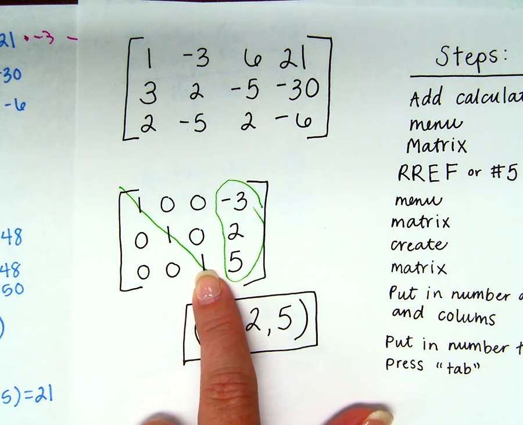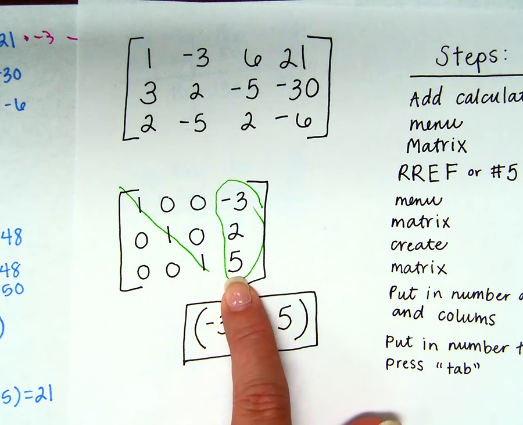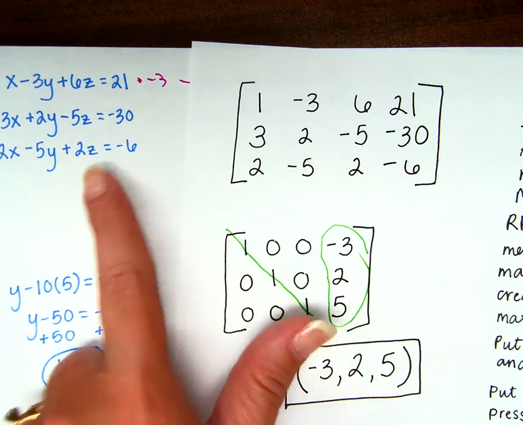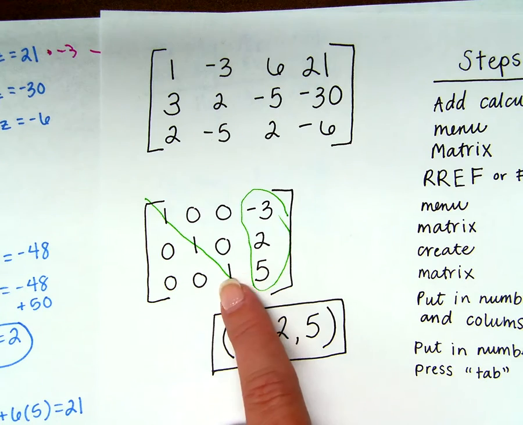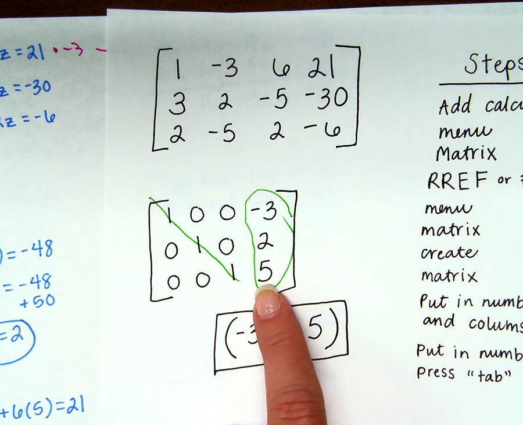Can you see how that would be a problem? What if it said 0, 0, 0, 5? Converting that back into equation form, what does that mean? 0 equals 5. Will 0 ever equal 5? No, so what do we write for that? No solution.